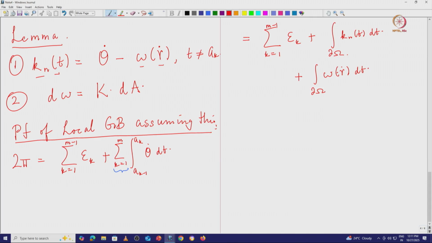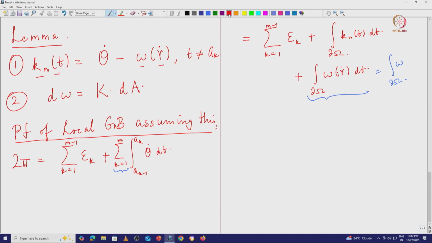Note that this integral is precisely equal to the integral on this boundary, which is a one dimensional manifold, of the one form omega. This is the definition of integration of one forms on curves.